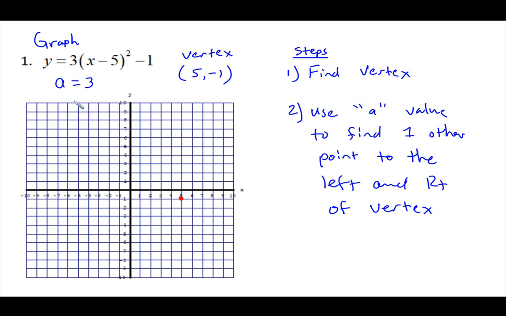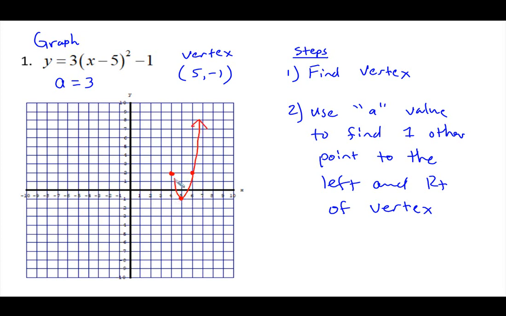And then if a is 3, that means we're going to move up 3. So 1, 2, 3, and that's where your point will be. Since a parabola is symmetrical, you could do the same thing to the left side. We move to the left once, and we're also going to go up 3. And then this is our parabola.